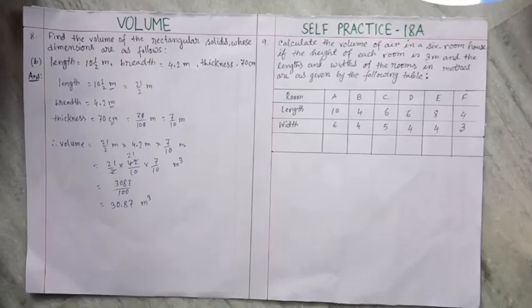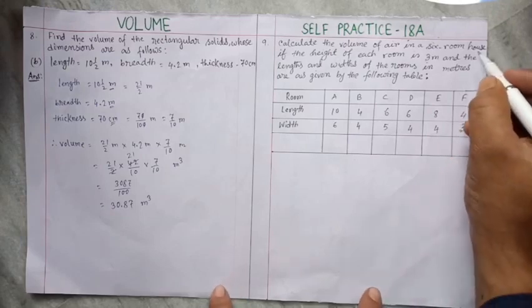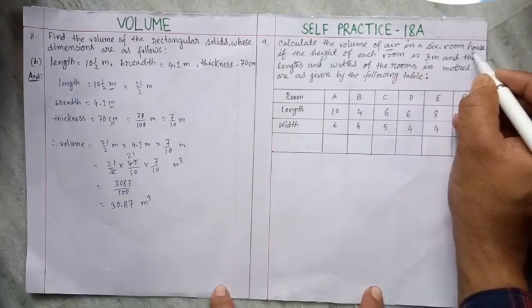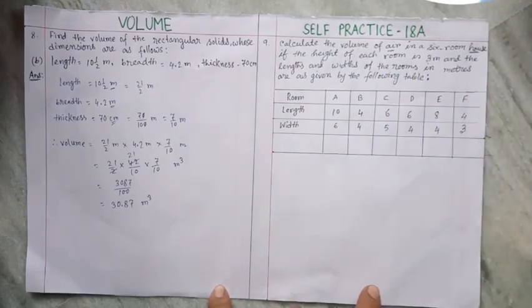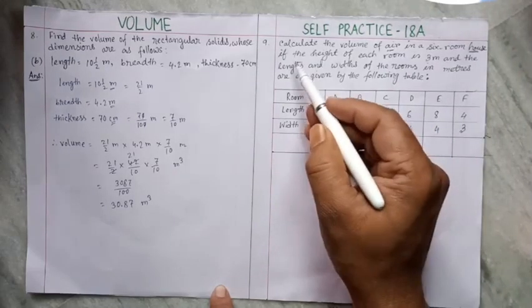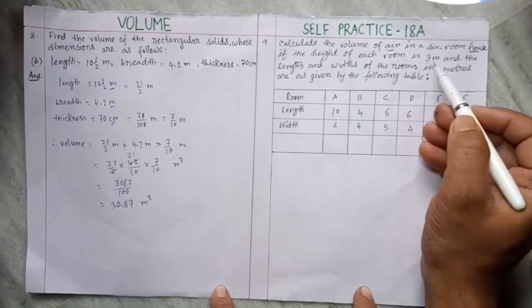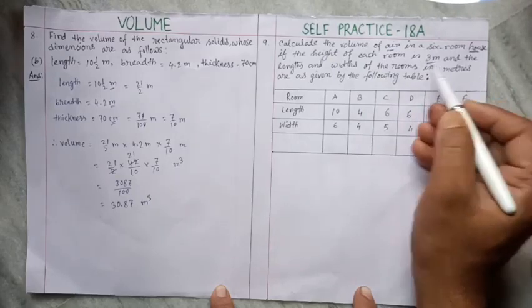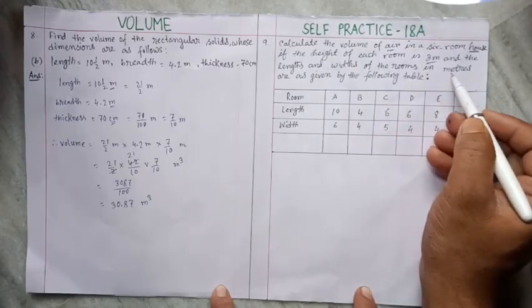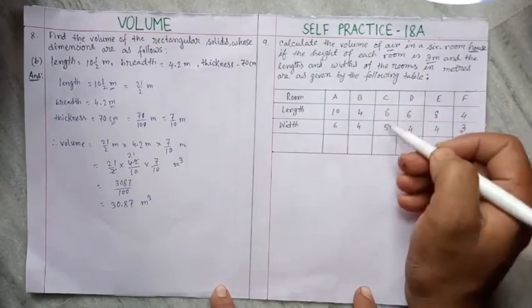Question number 9. Read the question carefully. Calculate the volume of air in a 6-room house. The conditions given: the height of each room is 3 meter, and the length and width of the rooms in meters are given in the table.